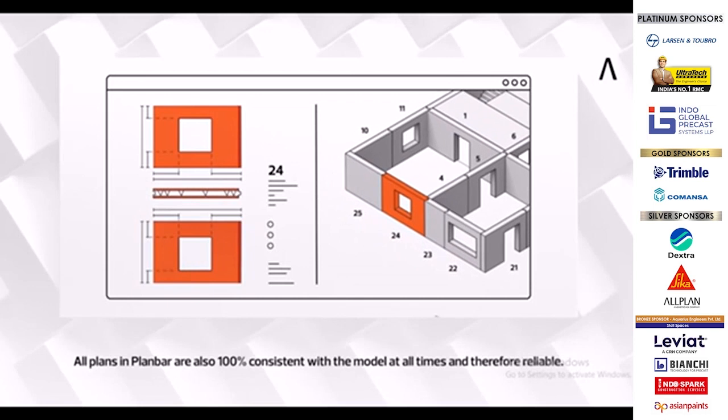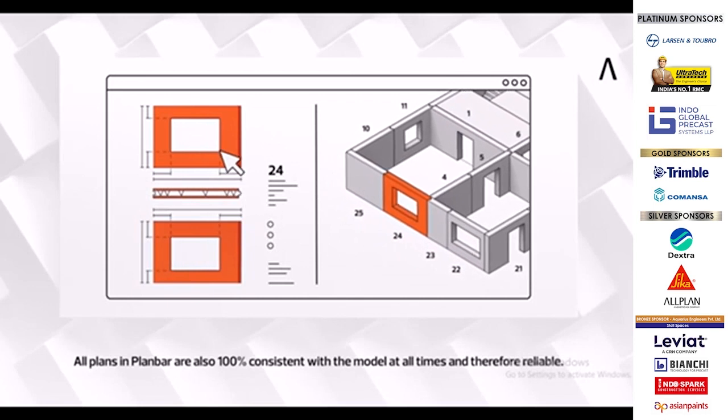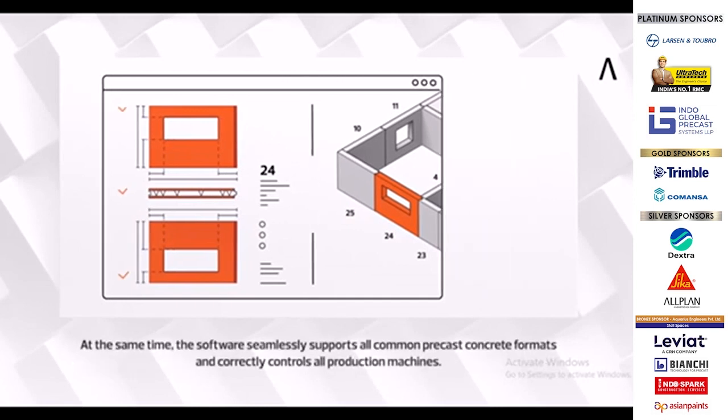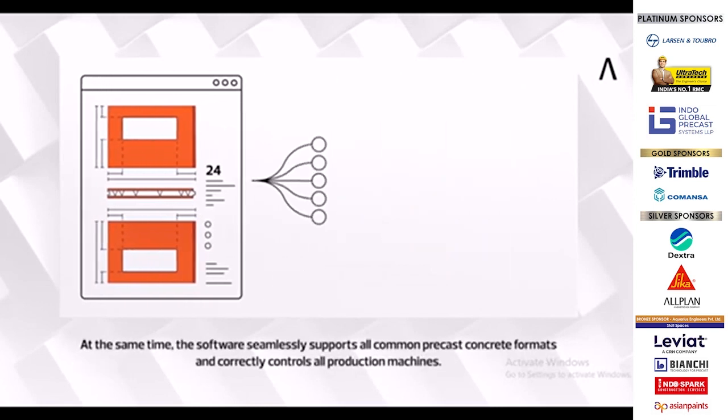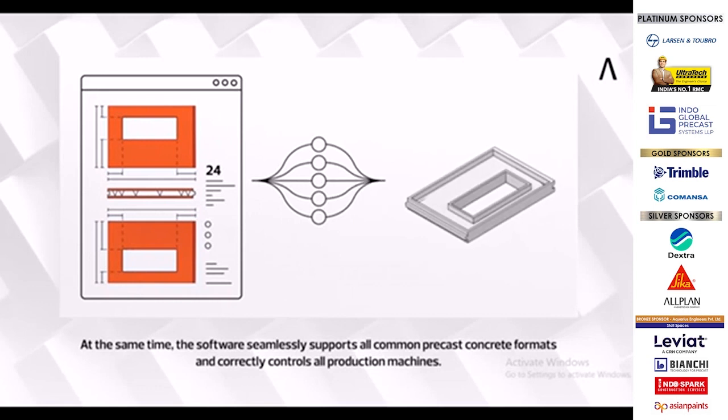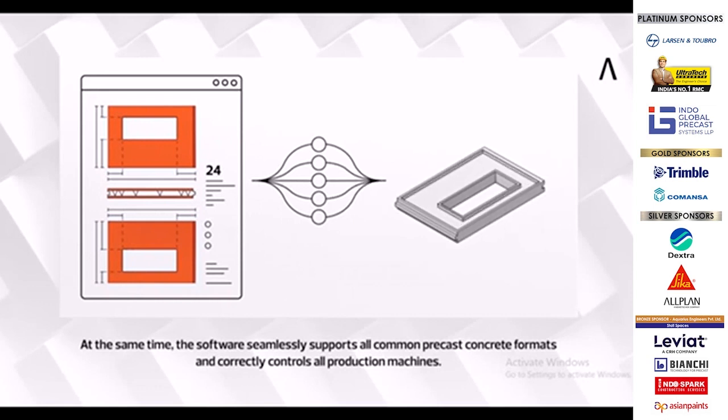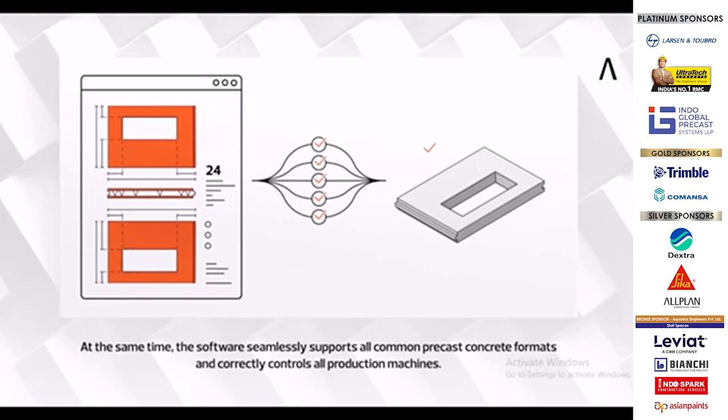All plans in PlanBar are also 100% consistent with the model at all times and therefore reliable. At the same time, the software seamlessly supports all common precast concrete formats and correctly controls all production machines.